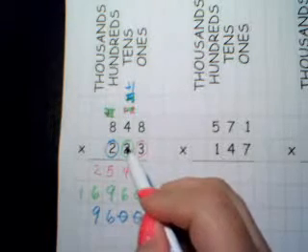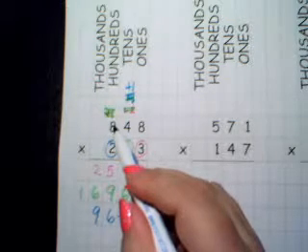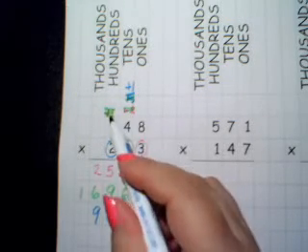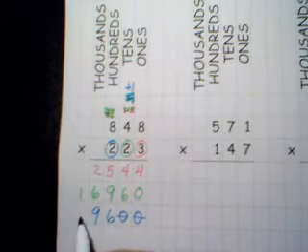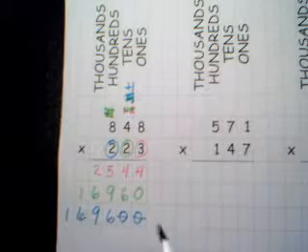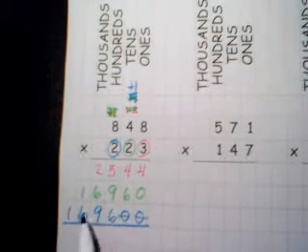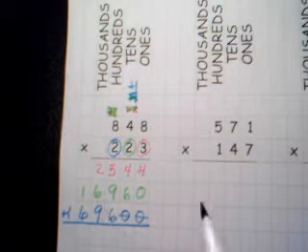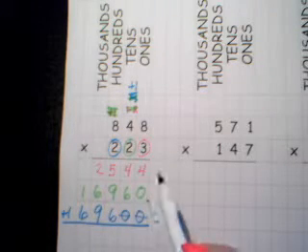Then we multiply our 2 times 8 again, and we did not have any carryover, so it's just 2 times 8, and we get 16. Okay? And then we're going to add. And see, my columns are all nice and aligned. I put them in the right places because I put zeros in.